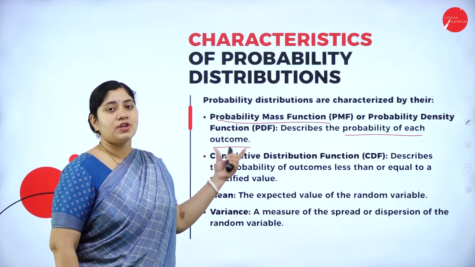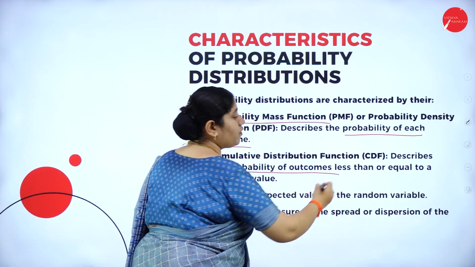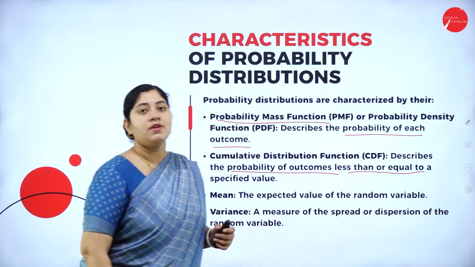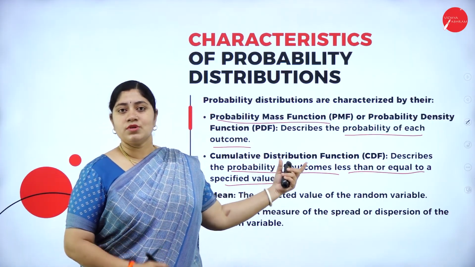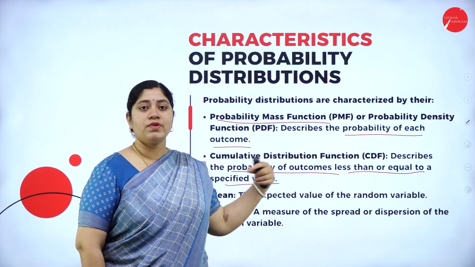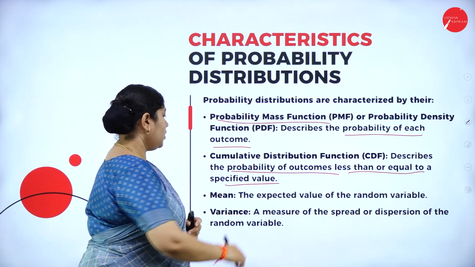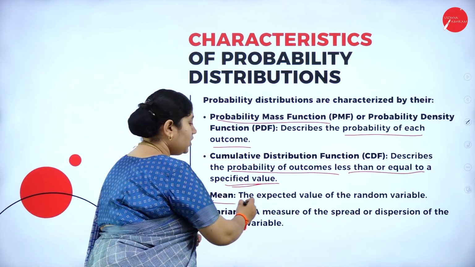Then followed by cumulative distribution, which describes the probability of outcomes that are less than or equal to a specified value. Please note that under cumulative we only represent the values that are less than or equal to the specified value.